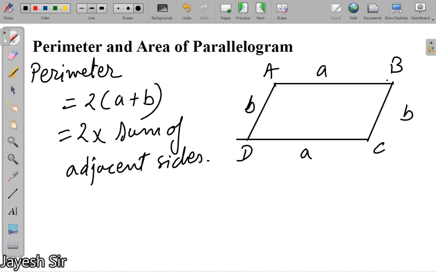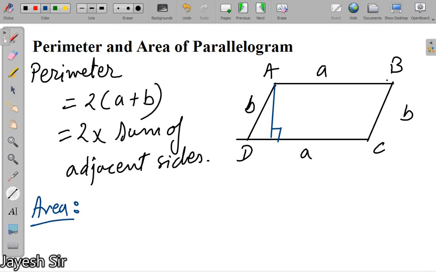Secondly, area. In order to determine the area of a parallelogram, there is one more thing that you require, that is the height of the parallelogram. What is the height of a parallelogram? You can also write this down.